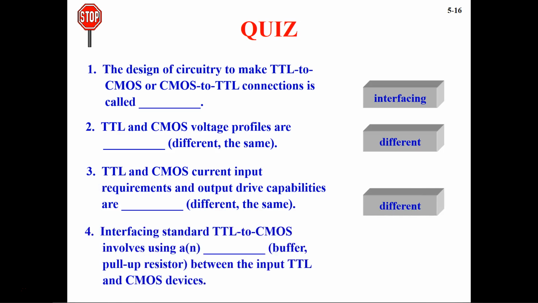And then we have interfacing standard TTL to CMOS involves using a buffer or pull-up resistance between the input TTL and CMOS devices. So if it is TTL to CMOS, then we will be using pull-up resistors, and if it was the opposite, then it would be your CMOS buffer. So pull-up resistor.